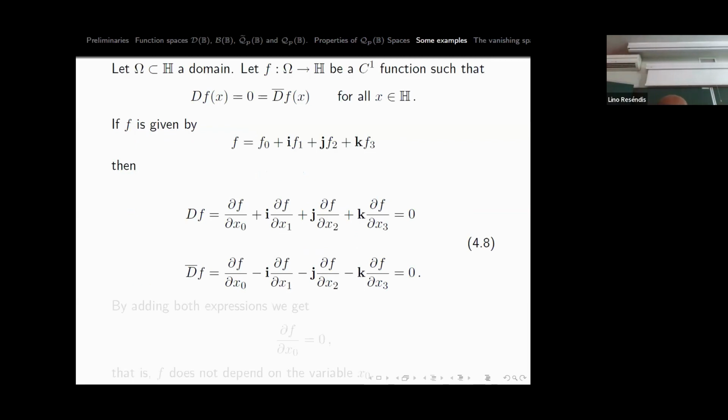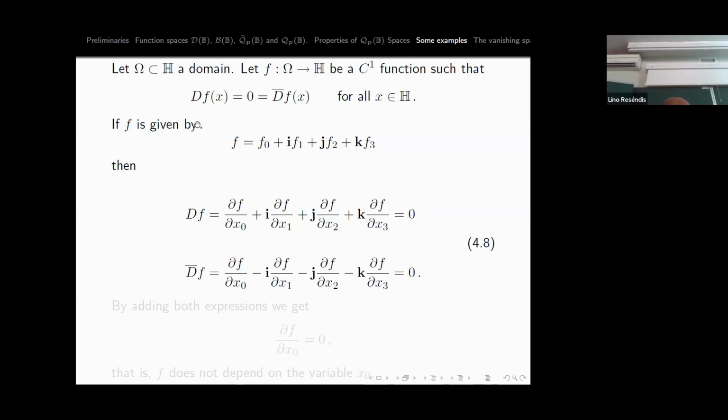Now we will consider the following. We want to build some kind of examples of these functions. Then we consider some C1 function from some domain in the quaternion space, such that the operator D of F is equal to 0, and also the operator D bar of F is equal to 0 for all points in the quaternions.